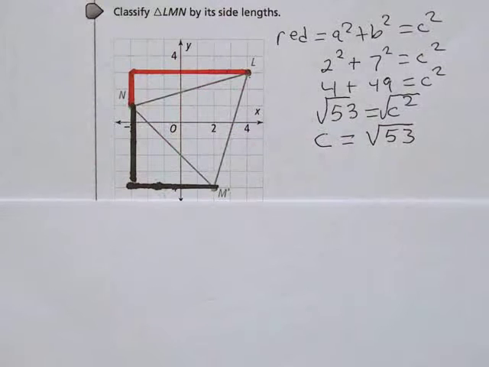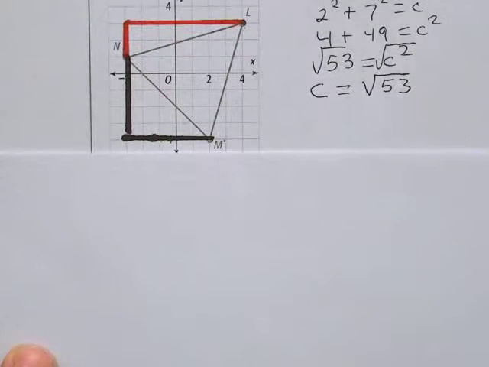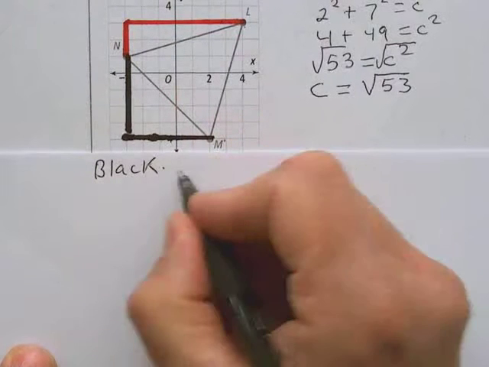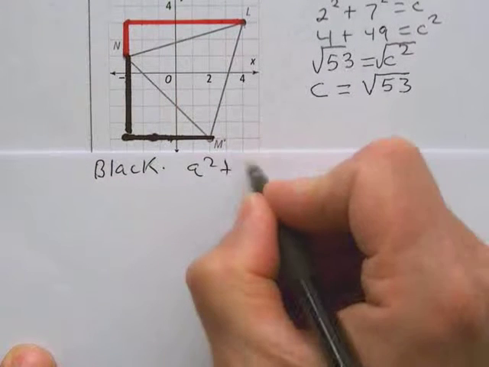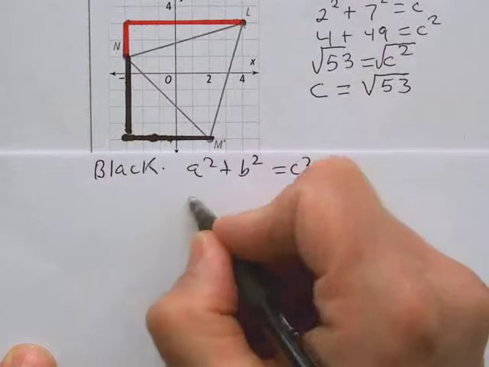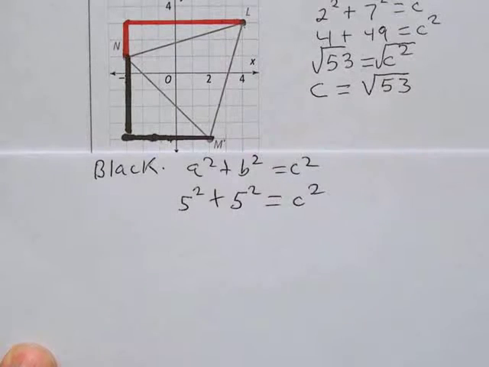Okay, so for the black one, and I'm going to slide this up at this point, for this black triangle, it looks like a squared plus b squared equals c squared, and what I end up getting here is 5 squared plus 5 squared equals c squared.